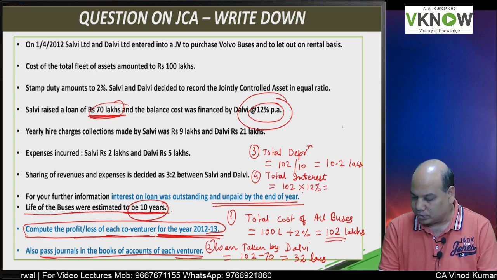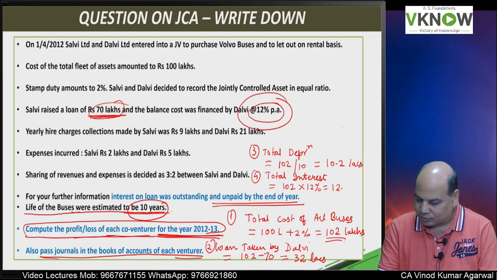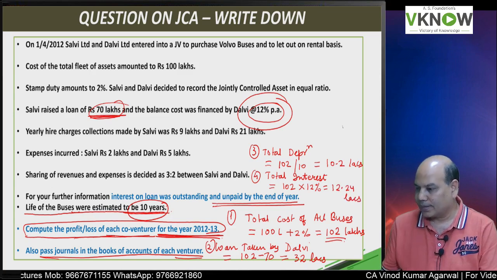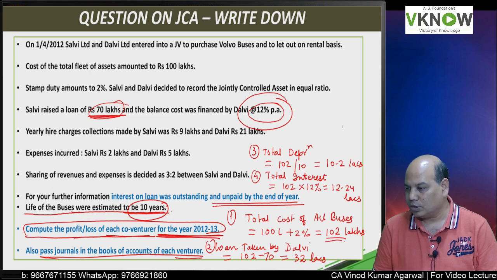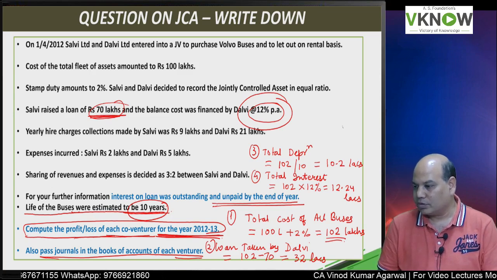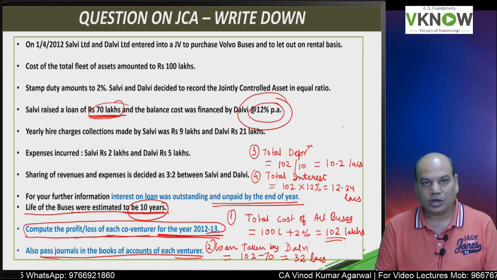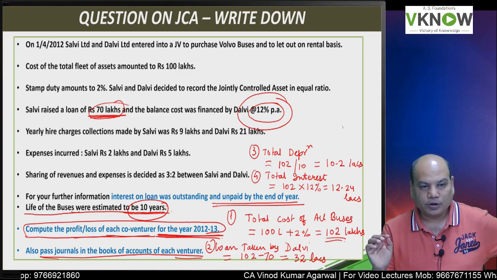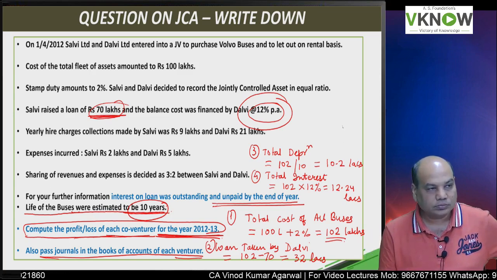So the answer would be 12.24 lakhs. So once we are ready with this basic calculation, now I am going to prepare the statement showing profit of each venturer. Any query up to this?